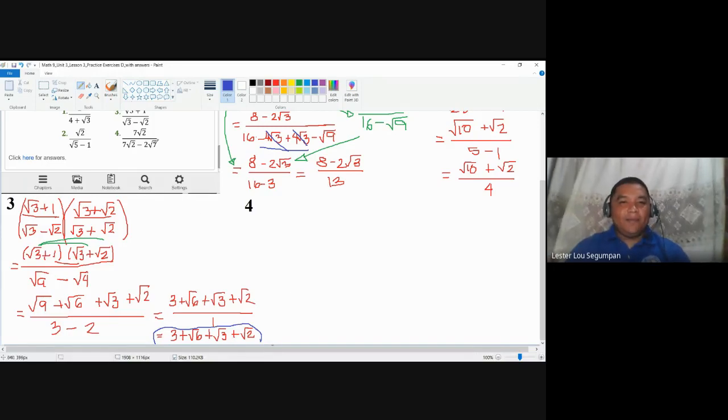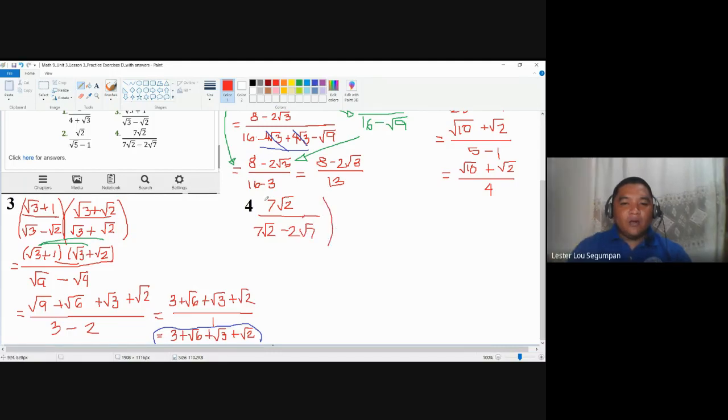Last item. Last item is 7 square root of 2 all over 7 square root of 2 minus 2 square root of 7. So let's multiply this with the conjugate of the denominator, which is 7 square root of 2 plus 2 square root of 7. Make sure that they are equal to simply equal to 1.